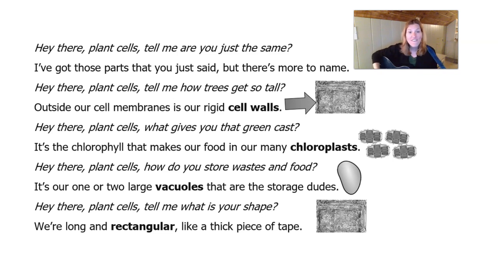It's the chlorophyll that makes our food and our many chloroplasts. Hey there, plant cells, how do you store waste and food? It's our 1 or 2 large vacuoles that are the storage tubes. Hey there, plant cells, tell me, what is your shape? We're long and rectangular like a thick piece of tape.